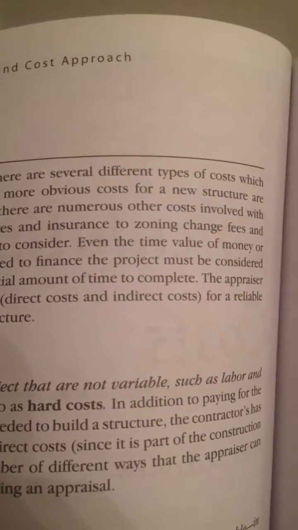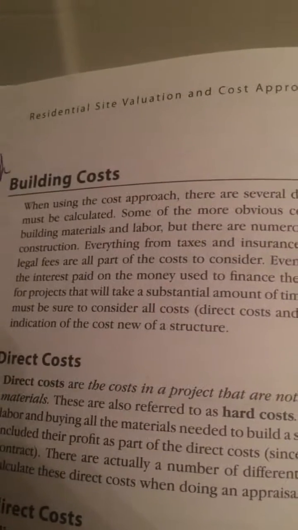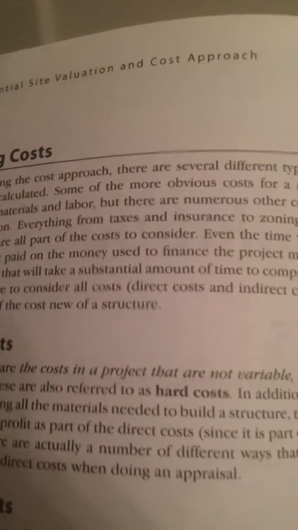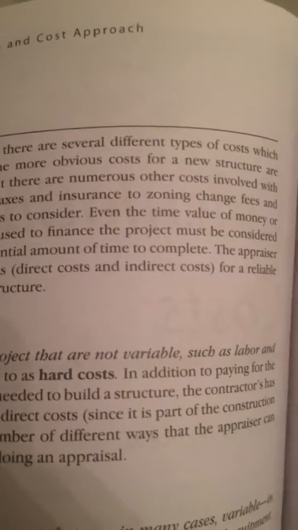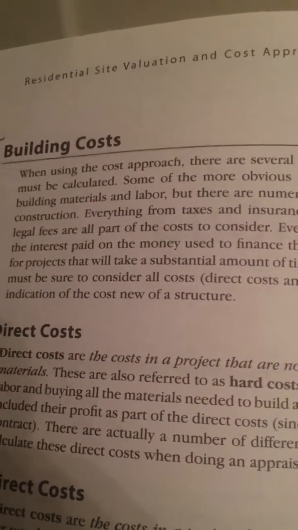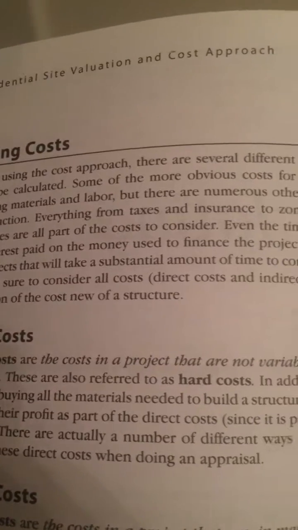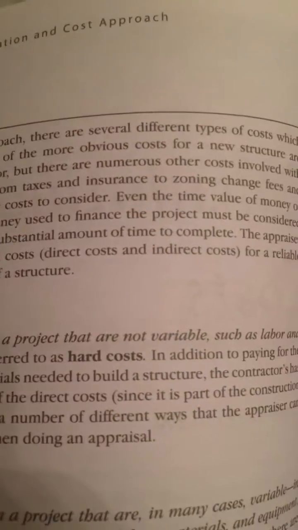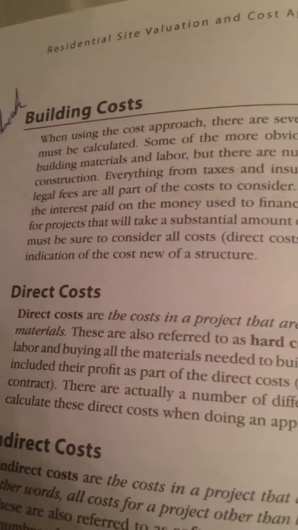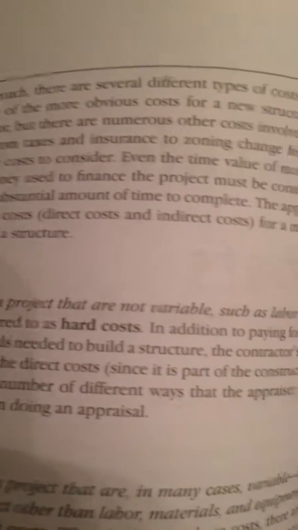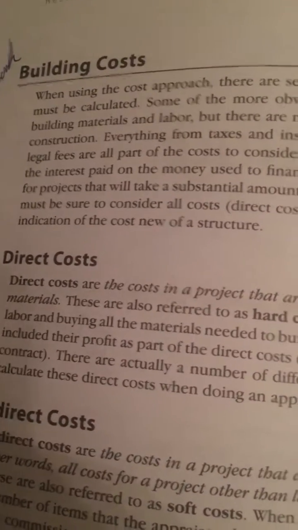Even the time value of money or the interest paid on the money used to finance the project must be considered for projects that will take a substantial amount of time to complete. The appraiser must be sure to consider all costs, direct costs and indirect costs, for a reliable indication of the cost new of a structure.